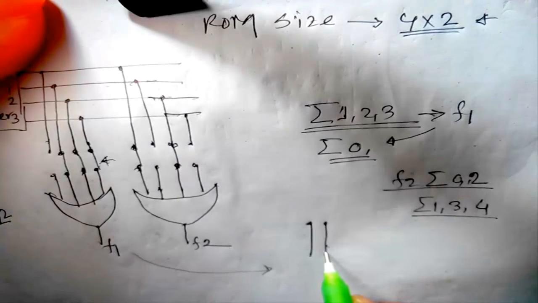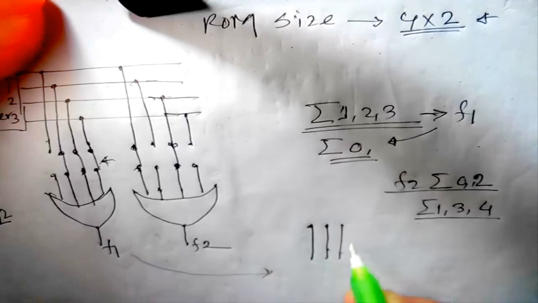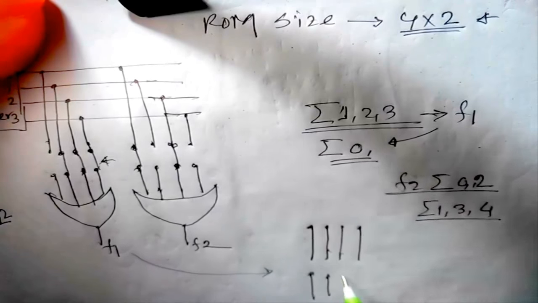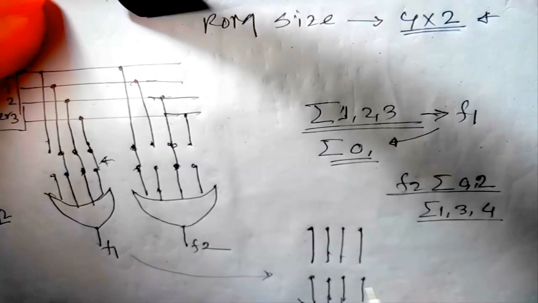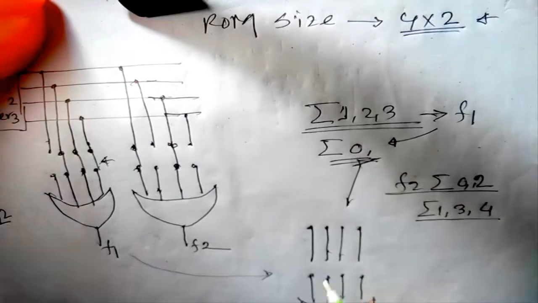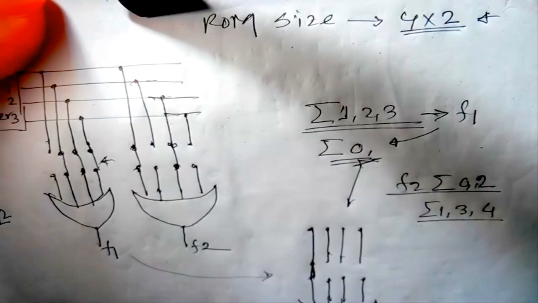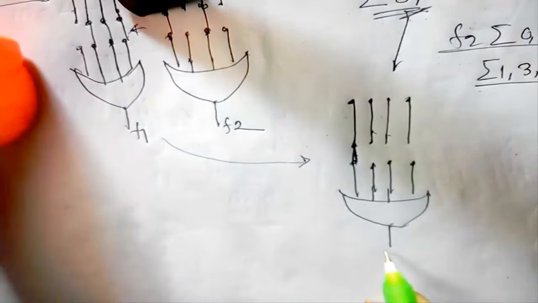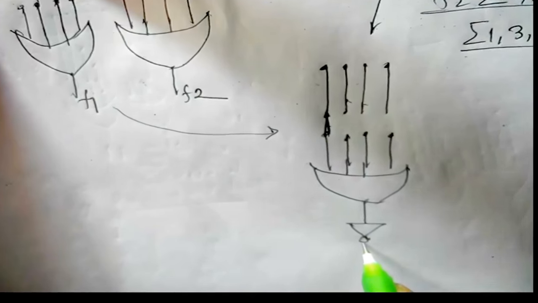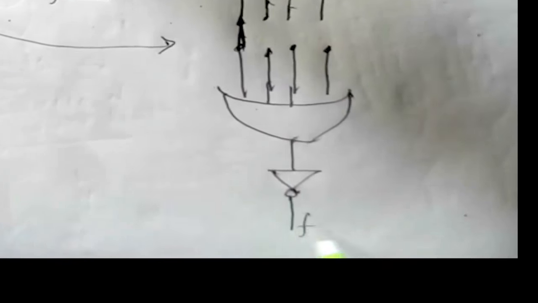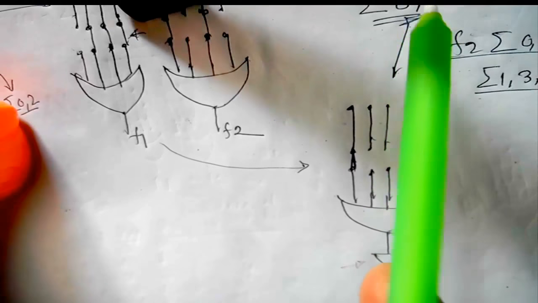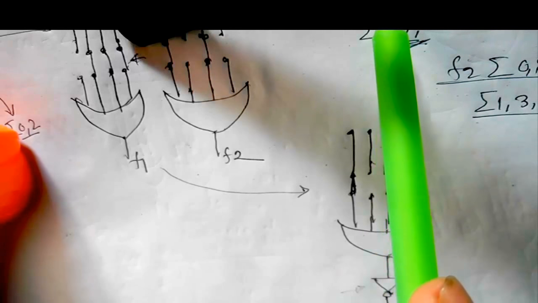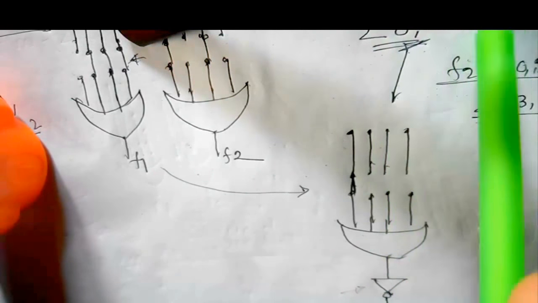This is F1's invert implementation. We just connect 0, and we will add a NOT terminal with this OR gate, that is called F1. As we include a NOT, ultimately the other 3 terminals will be connected as 1, 2, 3.